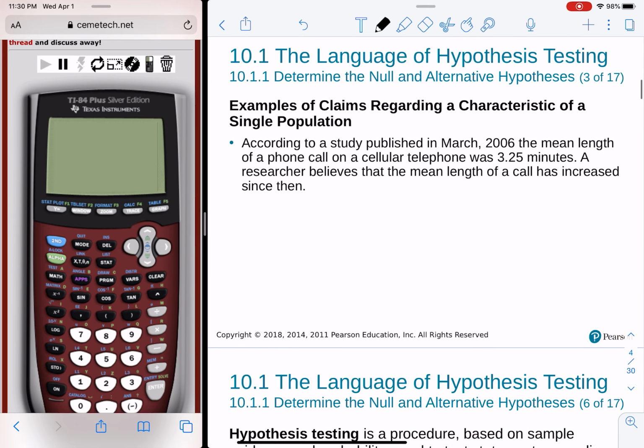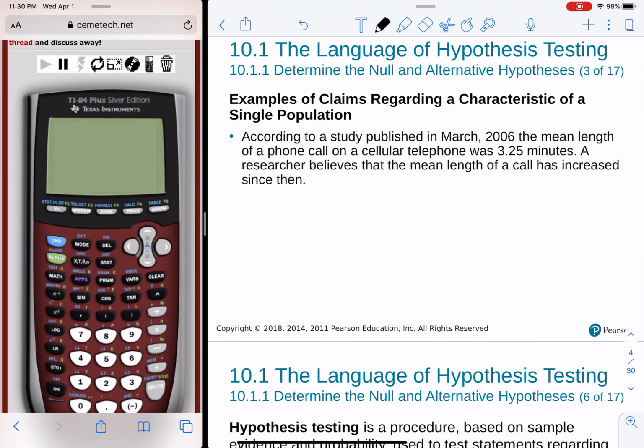So here is another example. This goes back to the average. According to a study published in March 2006, the mean length of a phone call on a cellular telephone was 3.25 minutes. A researcher believes that the mean length of call has increased since then. So how do we translate it in terms of a hypothesis?